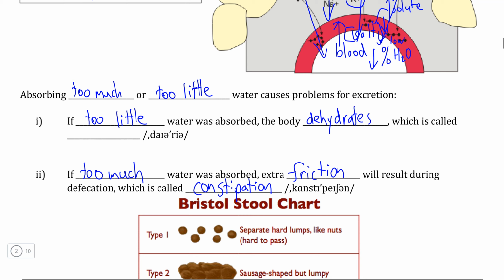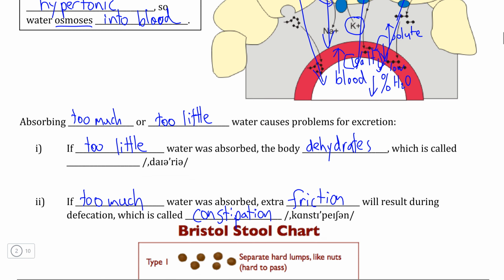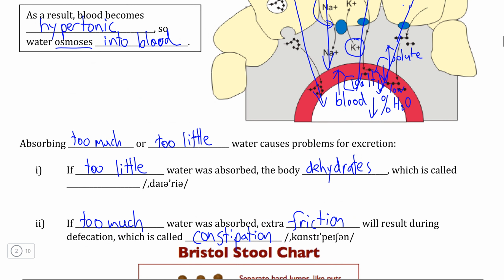And if this continues to happen, for example, this condition can actually be caused by a number of poisons made by certain pathogenic bacteria. This can literally kill you due to water loss. And this condition, of course, is the opposite of constipation, what we call diarrhea.